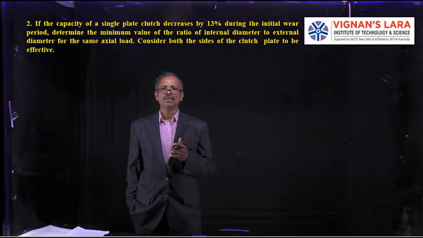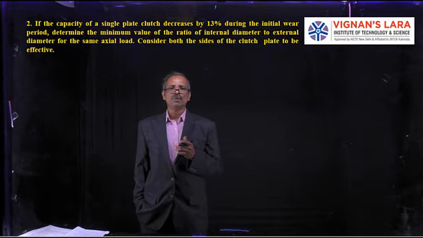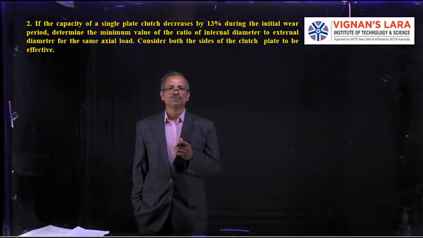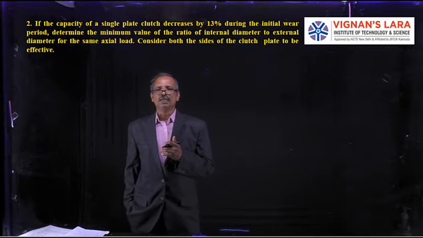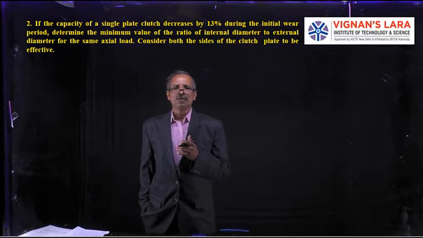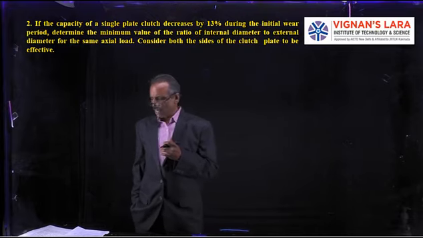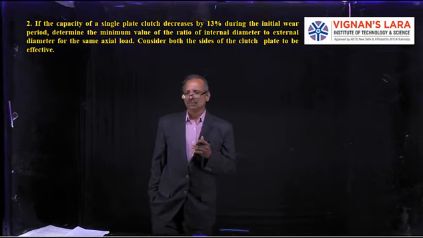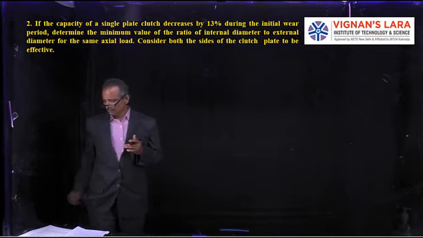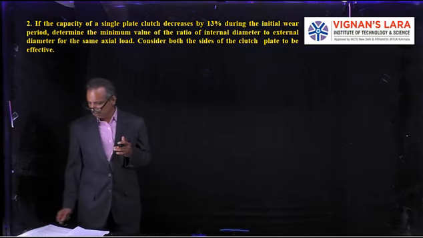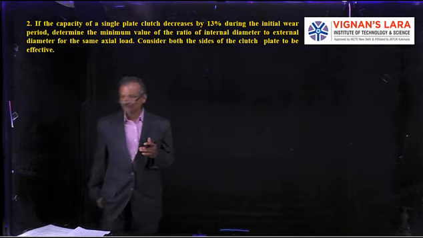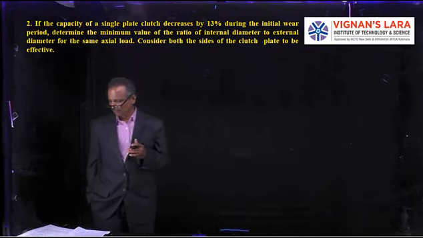If the capacity of a single plate clutch decreases by 13% during the initial wear period, determine the minimum value of the ratio of internal diameter to external diameter for the same axial load.